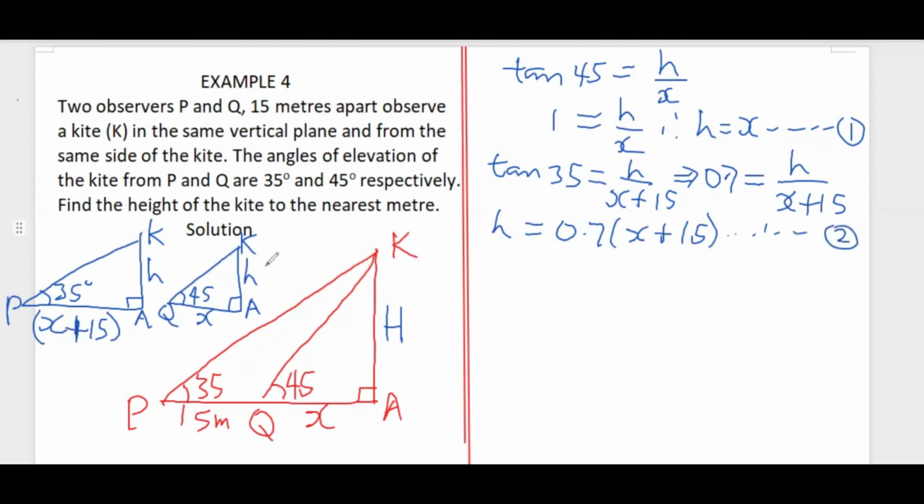If you look at equation 1, H is the subject, H equals this. In equation 2, H equals this. That means we can equate equations 1 and 2 for H, such that the value of H here will be equal to the value of H here.